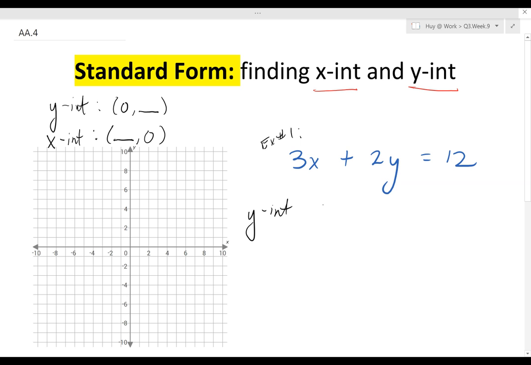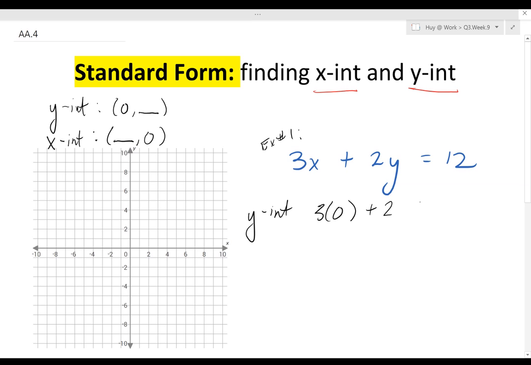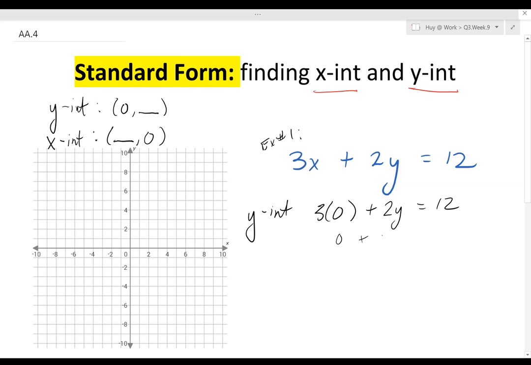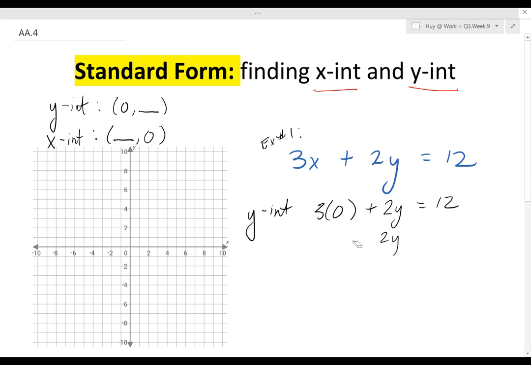We got 3 times 0 plus 2y equals 12. 3 times 0 is 0 plus 2y. So let's not write that 0. Let's write 2y equals 12. So y equals 6. So the y-intercept is 6.